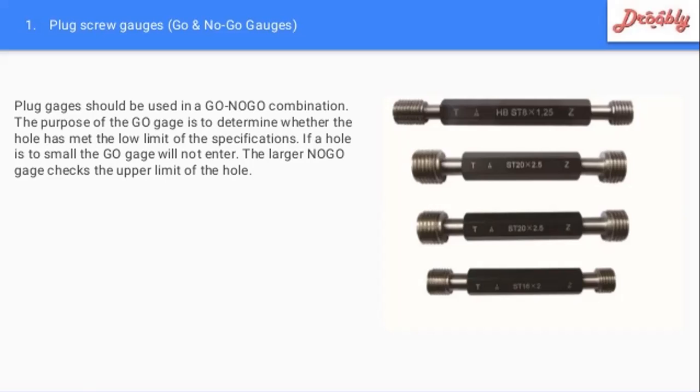The limits have been engraved on them, and the screw threads vary according to the size.